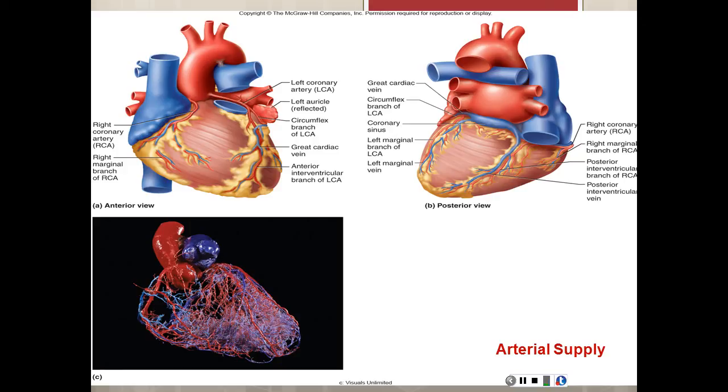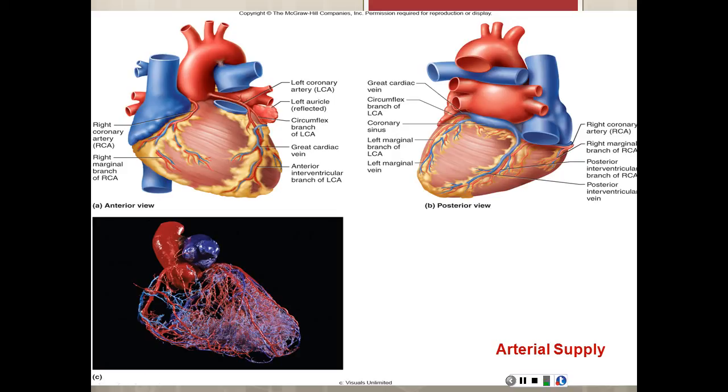Now we're going on to the right coronary artery. So we're going to deal with these here. Let's see, RCA. Okay, now they supply the right atrium and the sinus node, and continues along the coronary sulcus under the right auricle, and then it gives off two branches of its own.